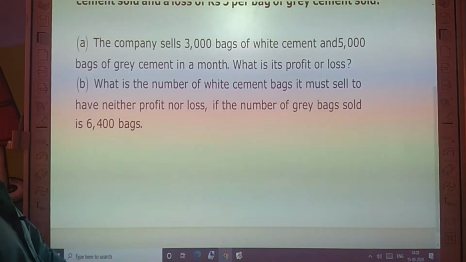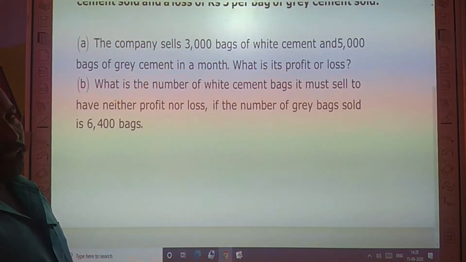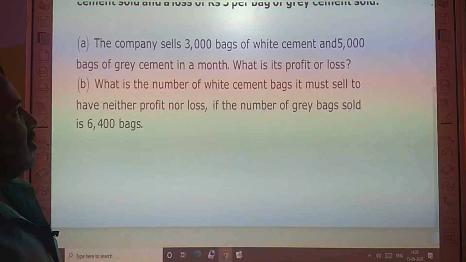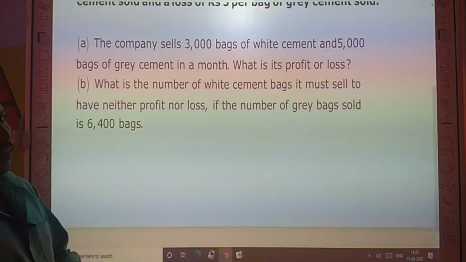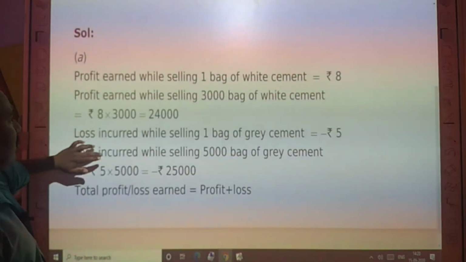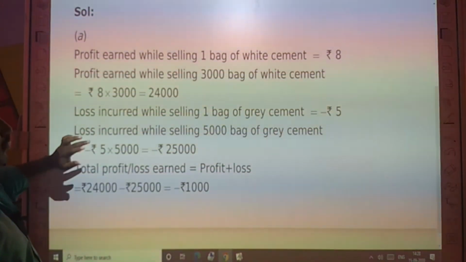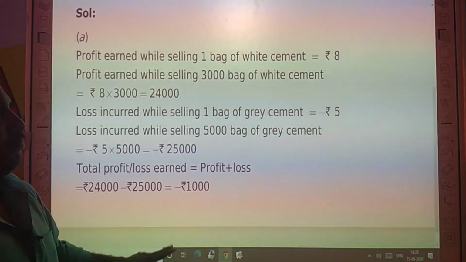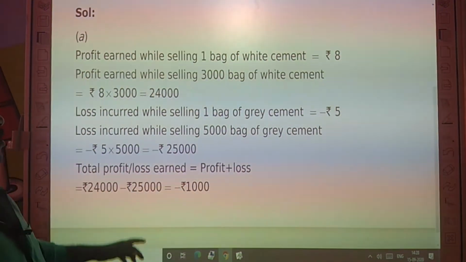Our question part is, the company sells 3000 bags of white cement and 5000 bags of grey cement. So what is the profit or loss? Listen here. White cement is rupees 8. Grey cement is rupees 5.